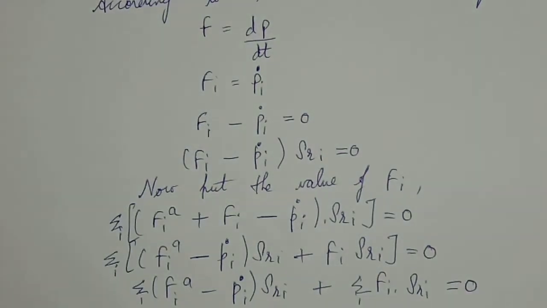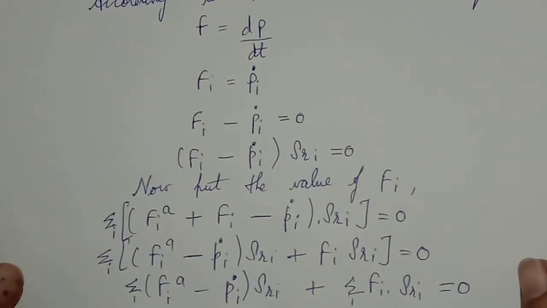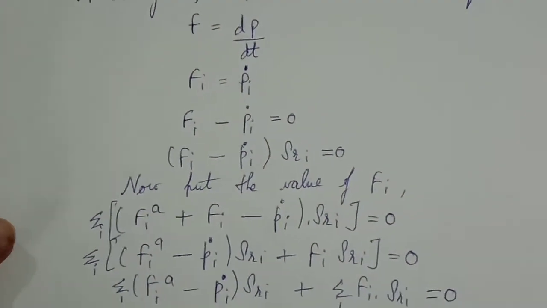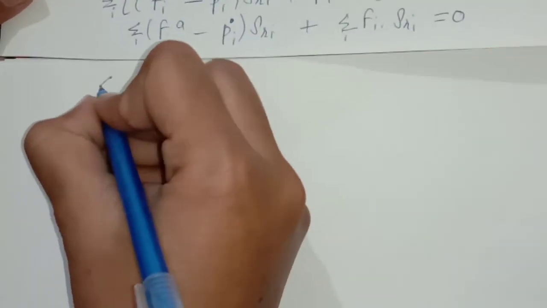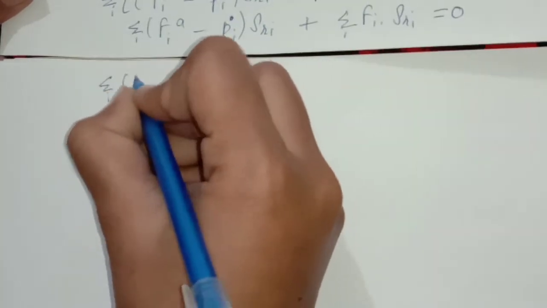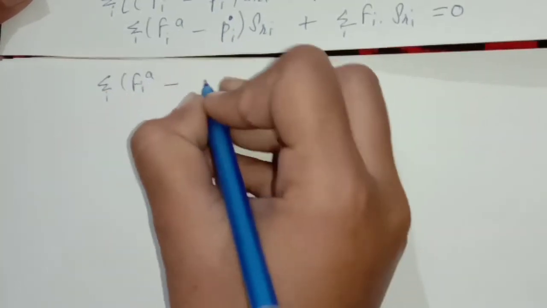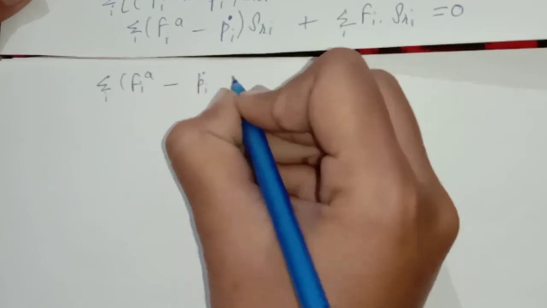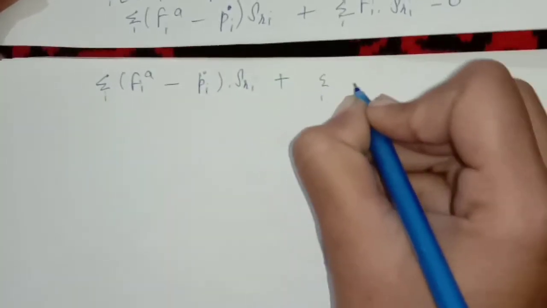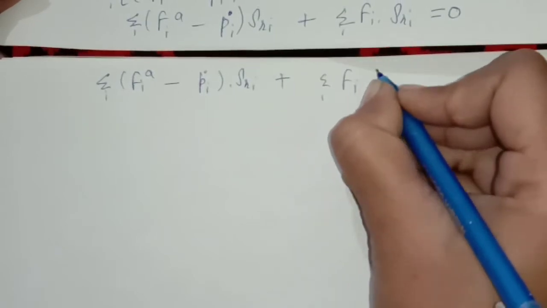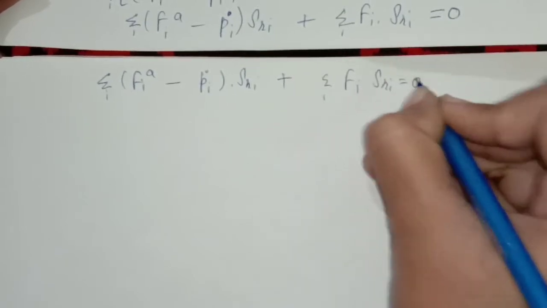Again, virtual work by the force of constraint will be 0. So therefore we can write from here summation i (Fia, which is the applied force, minus the change in momentum) plus summation i constraint force, which will become 0.